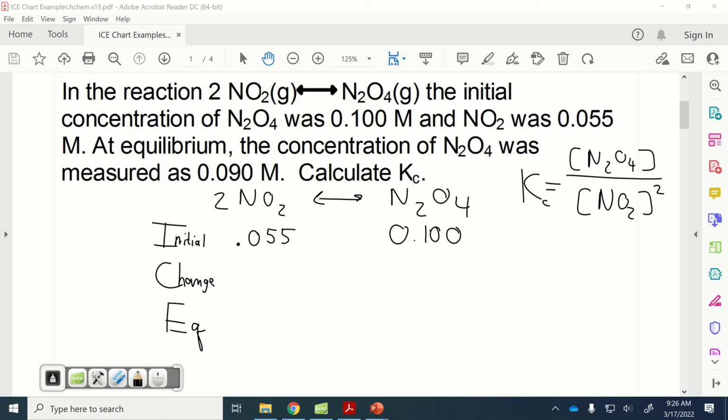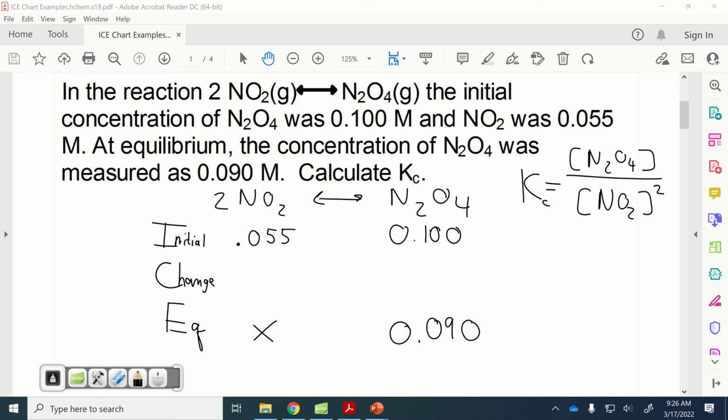It then tells us at the very end we have 0.090 N2O4. This is why we make the chart, so I can see what's happening. I need to figure out the final equilibrium concentration of NO2, because I cannot plug in 0.1 and 0.055. That would give me Q, but that's not what we're looking for here.